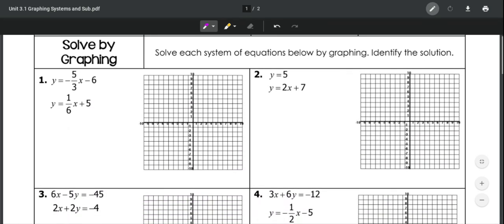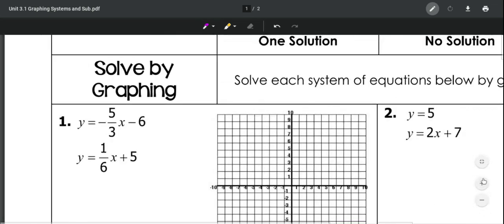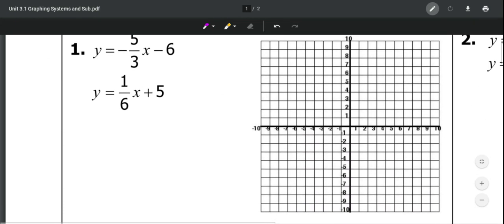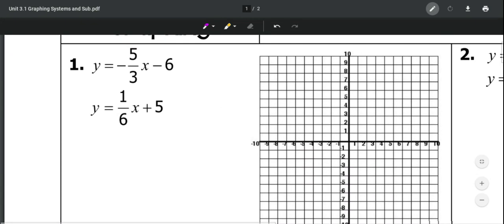So let's look at two examples. Number one, we've got y equals negative 5 over 3x minus 6, and y equals 1 over 6x plus 5. So we're going to graph this. Let me try to zoom in so that you can see it. Let's graph the first one.